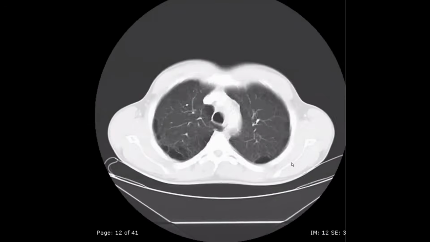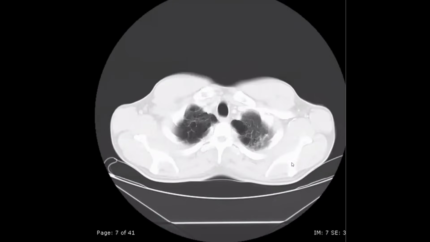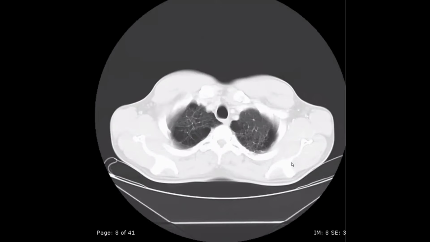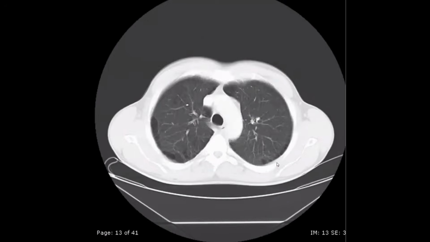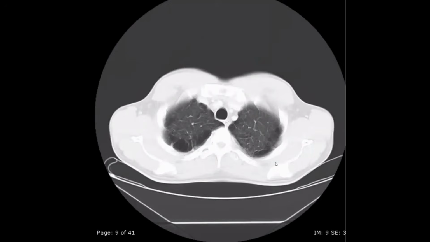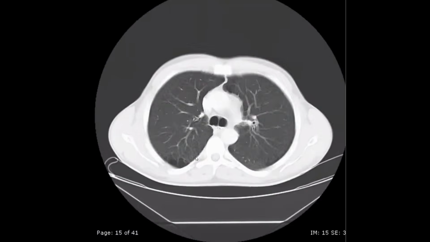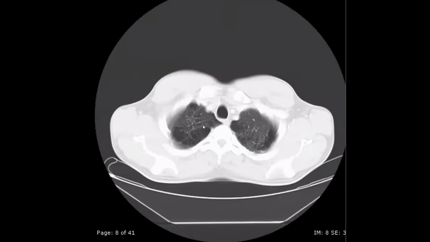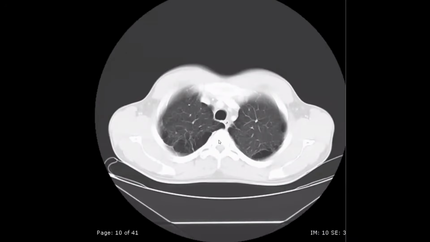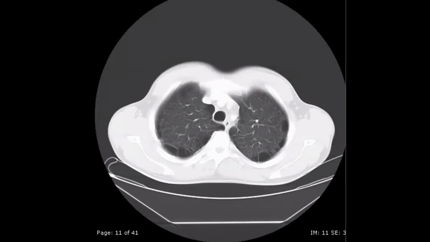Yes, paraseptal emphysema. You are right. Sometimes one may not be able to differentiate between these two entities. This one is paraseptal emphysema, not cystic lung disease.